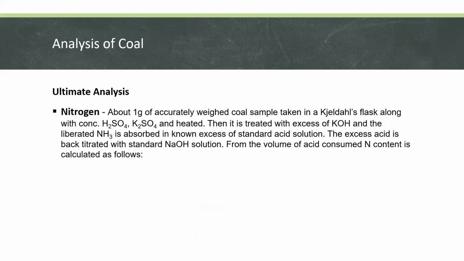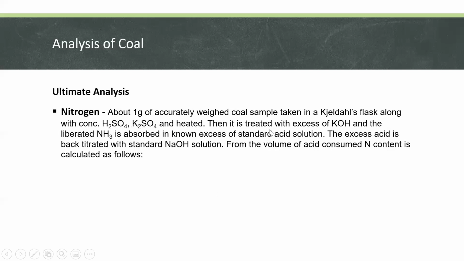The next element to determine is the nitrogen content. In our scenario, about 1 gram of accurately weighed coal sample is taken by this method, which we call Kjeldahl's method. This coal sample is reacted with sulfuric acid and potassium sulfate and heated.